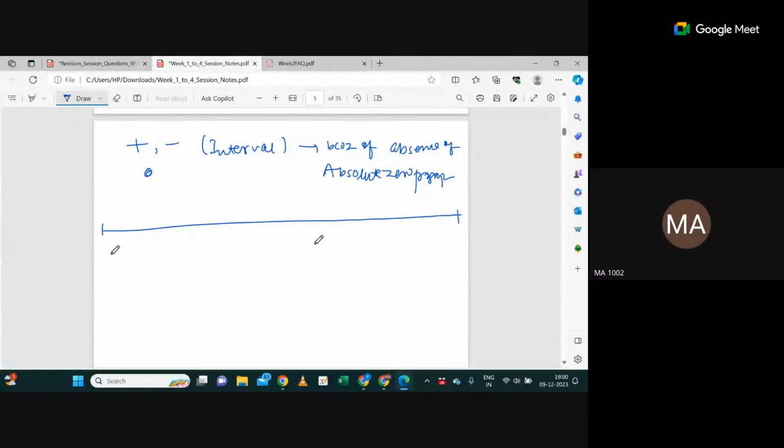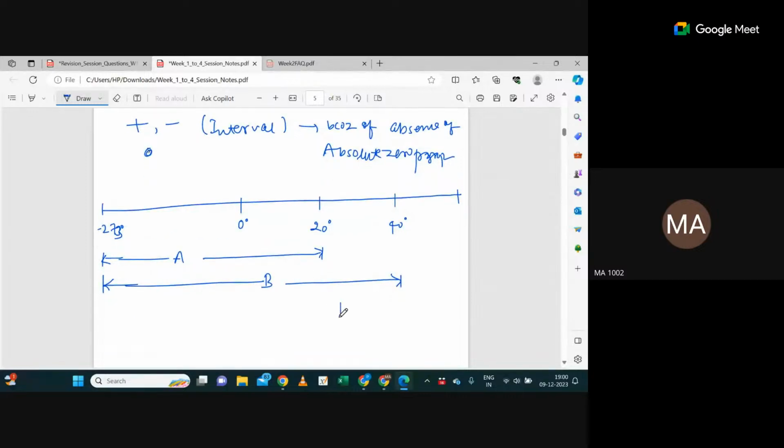In degree Celsius, minus 273 is the lowest temperature, right? Suppose this is 0, this is 20, this is 40. Suppose the amount of heat from minus 273 to 20 is A, and minus 273 to 40 is B. Now can I say B is 2 times of A?